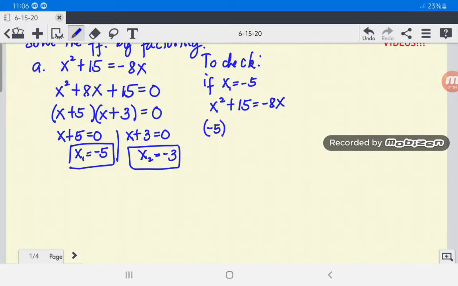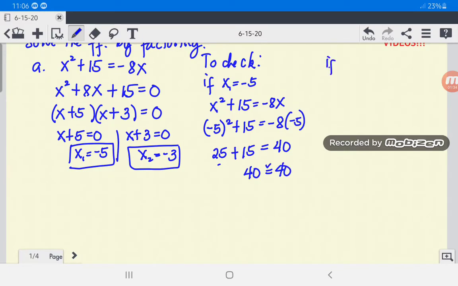We have negative 5 squared plus 15 equals negative 8 times negative 5. So, negative 5 squared, that is positive 25. Why? Because negative 5 times negative 5 is positive 25, plus 15 equals negative 8 times negative 5, that is positive 40. So, 25 plus 15, that is positive 40, then equals 40.